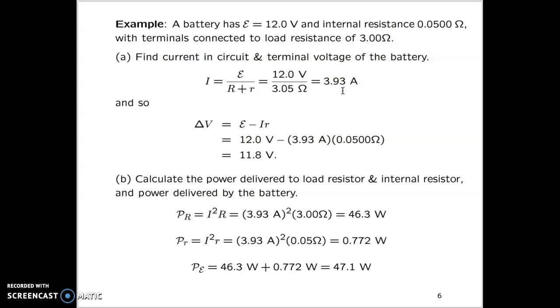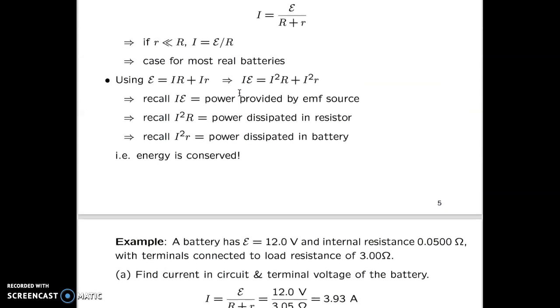So what is the potential difference across the battery itself? Delta V here means the potential difference across the battery.